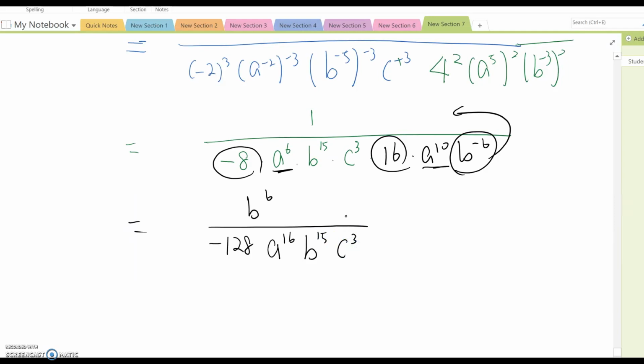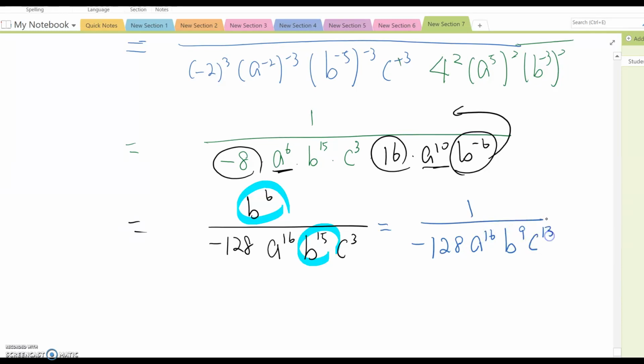The last one, you just simplify this and this because they are the same b term, so then it becomes 1 over negative 128, a^16, and b^9, c^13. The reason I subtract this number from this is because the denominator degree is greater than the numerator's.